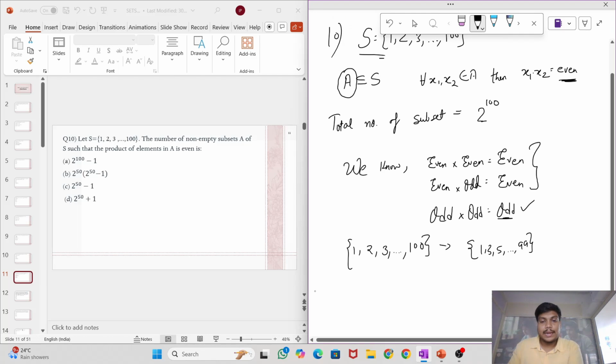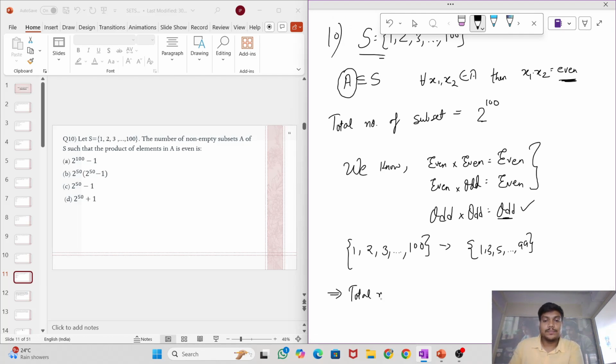To do that, what can I do? If I want to find the total number of subsets where the product is even, then can I just do this?